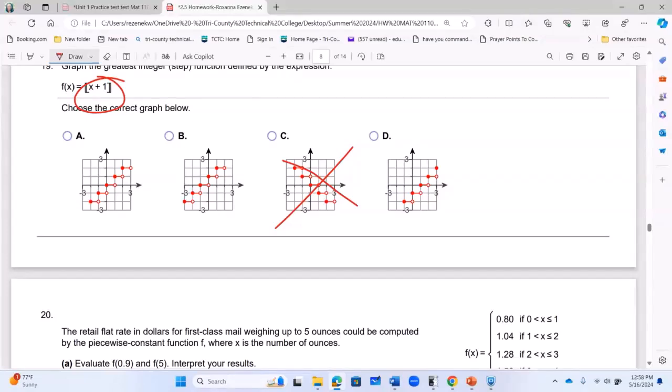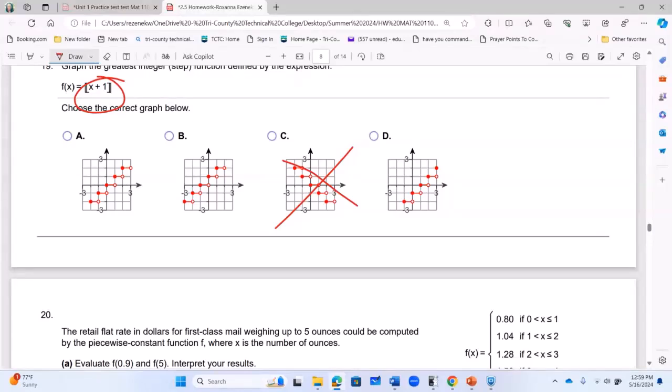And that means that the graph should not touch the origin. So it's going to go 1 unit to the left. If it is negative, it is shifted to the right.